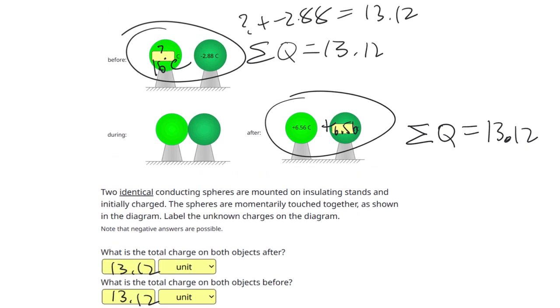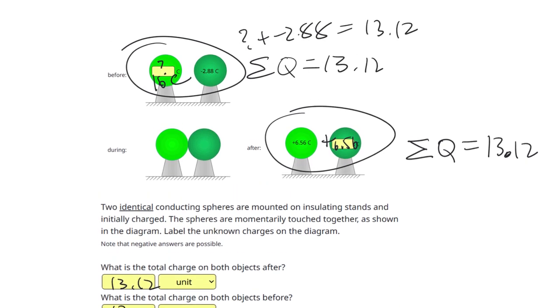Okay, so electrons have to move from the more negative to the more positive one. So this is an easy one because obviously negative 2.8 is more negative than any positive number.